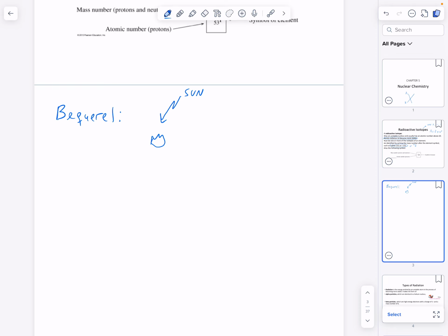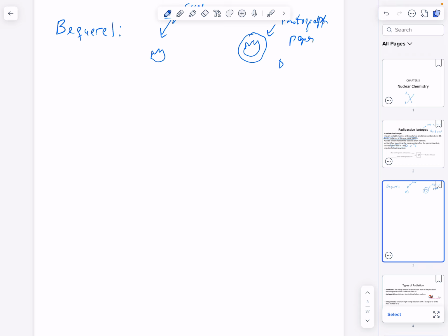For several hours. After he finished charging, he wrapped the rock in photograph paper and put it in the dark. Later he would check and realize that a picture of the rock appeared on the photograph paper.